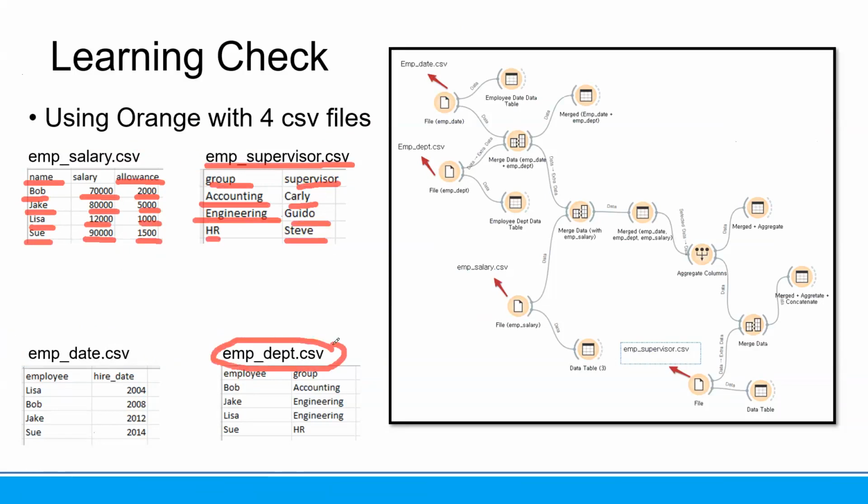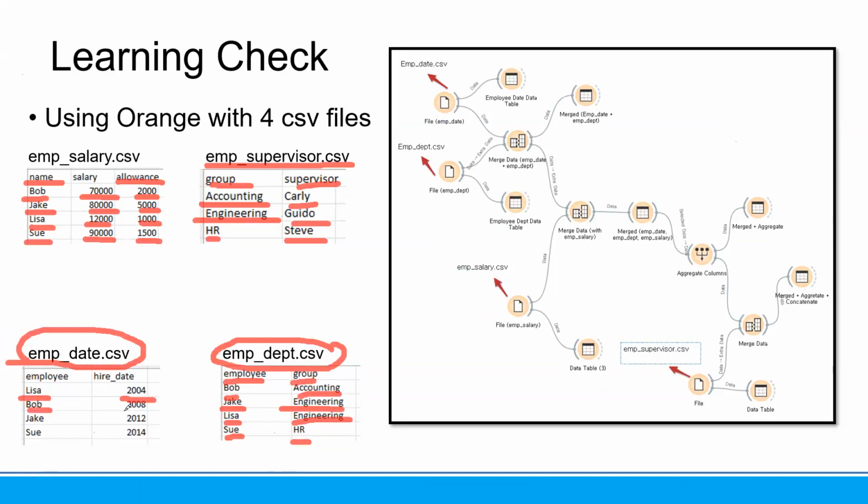This is the employee department information. Bob is in accounting. Jake is in engineering, Lisa is in engineering, and Sue is in HR. For employee date, we have Lisa, who has been hired since 2004.